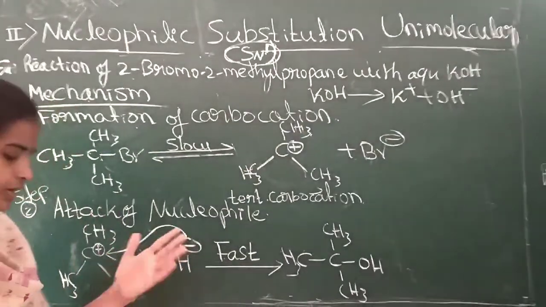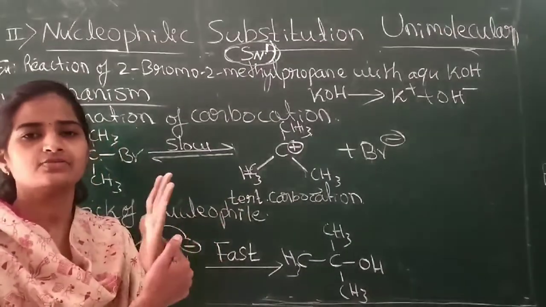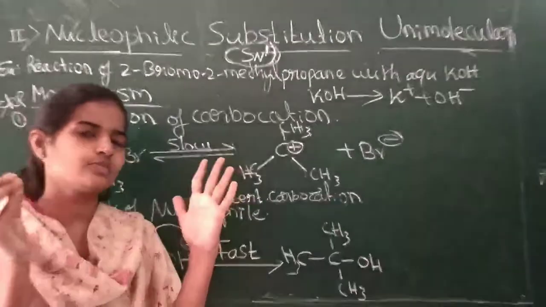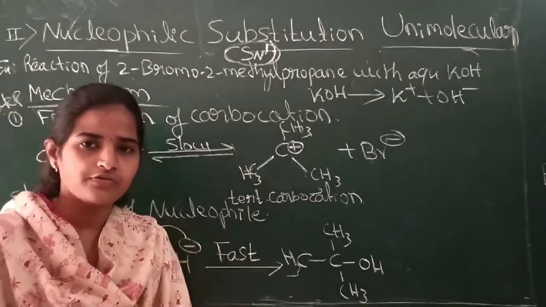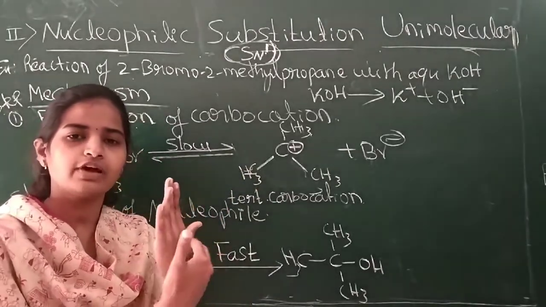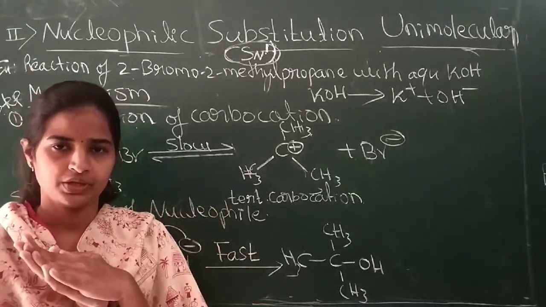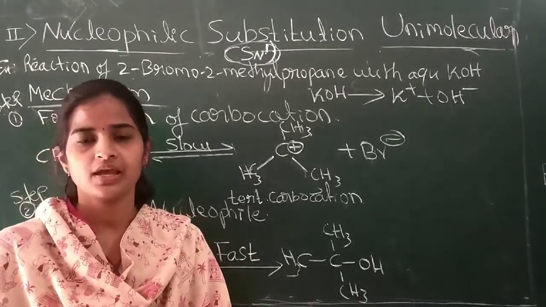Got it? Okay. And here, as the nucleophile can attack from the front side of the carbon atom as well as from the back side of the carbon atom, if the nucleophile attacks from the front side, then retention of configuration takes place. If the nucleophile attacks from the back side, then inversion of configuration takes place. In the previous video, we discussed what inversion of configuration is.